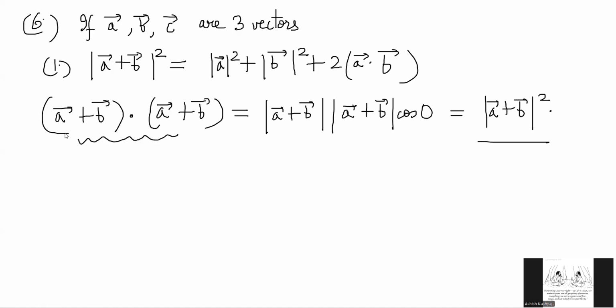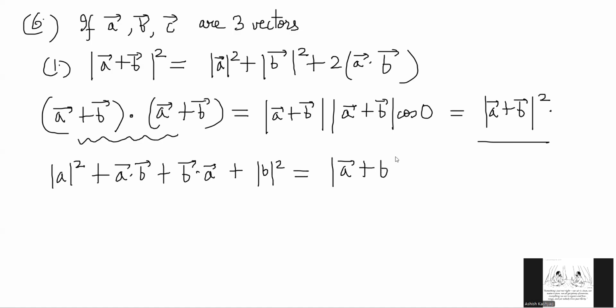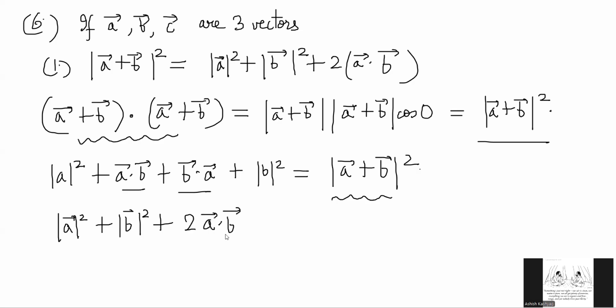This side is becoming, by distributive law, mod of A square plus A dot B plus B dot A plus mod of B square. That is equal to mod of A plus B whole square. So what I am getting now is that mod of A plus B whole square is equal to mod of A square plus mod of B square, and because dot product is commutative, plus 2 times A dot B, right? So that is the proof of this identity. And this is an important identity. You should know how it comes, right?